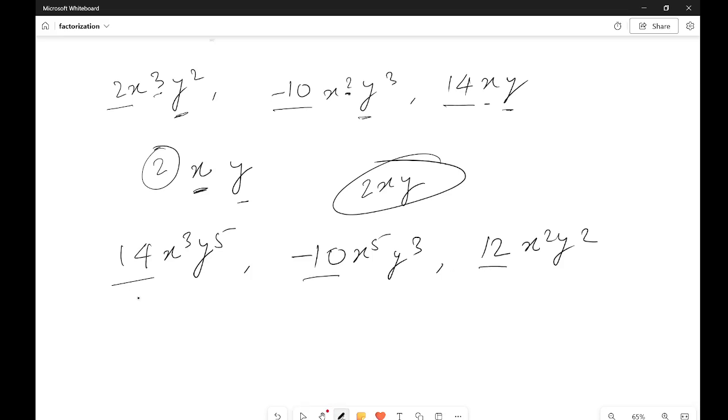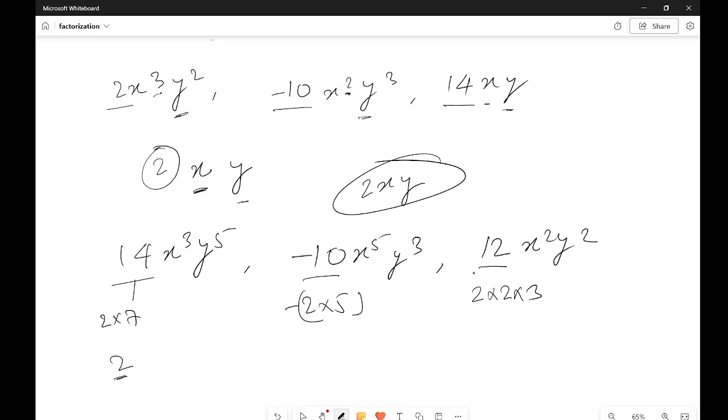Let's break it down: 14 is 2 multiplied by 7, 10 with the minus sign is 2 multiplied by 5, and 12 is 2 multiplied by 2 multiplied by 3. So what will be common? 2. Nothing else, neither 7 nor 5 nor 3 is available, and only one expression has a minus sign, so it's just 2 as a constant.